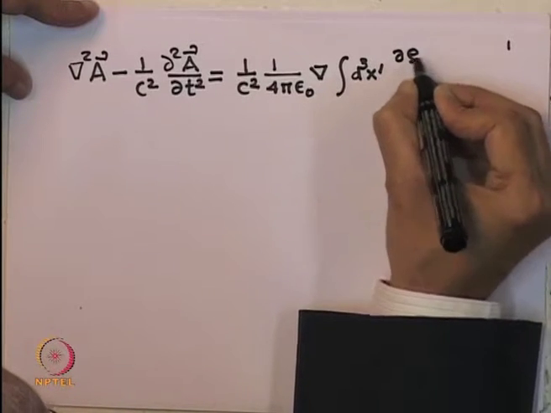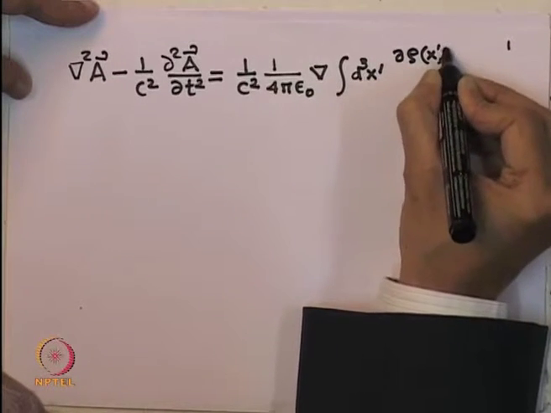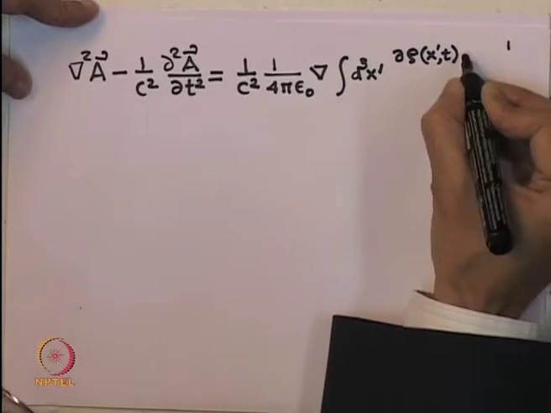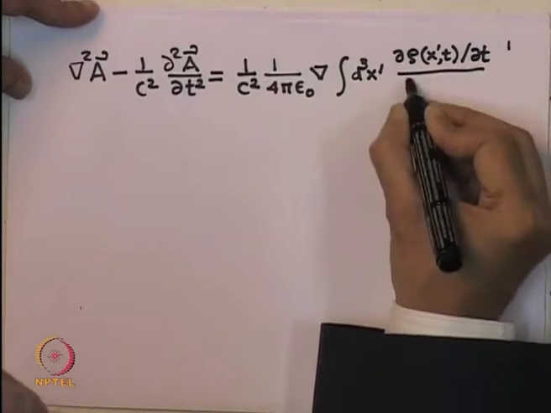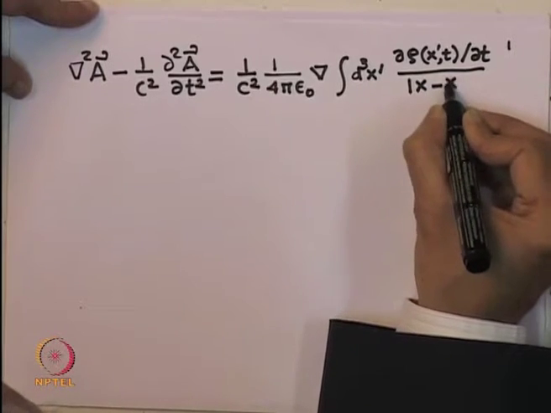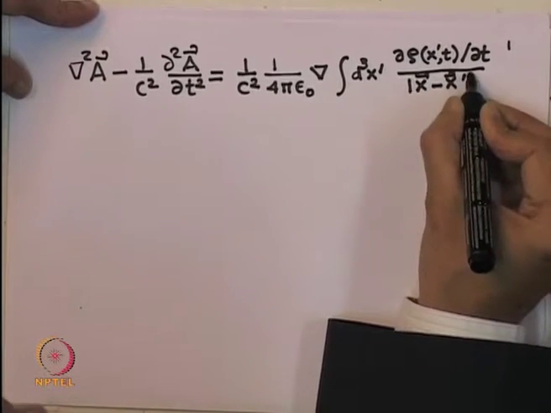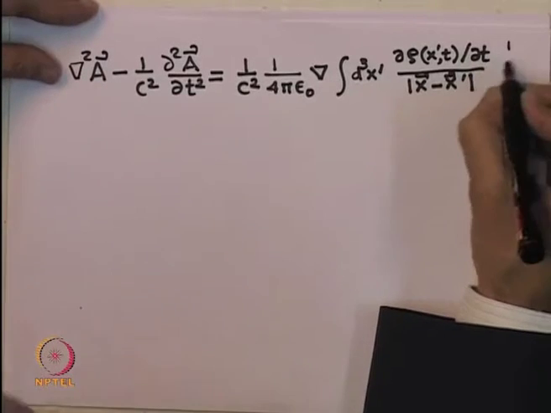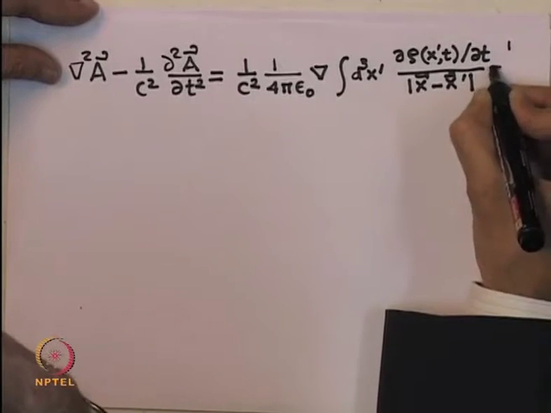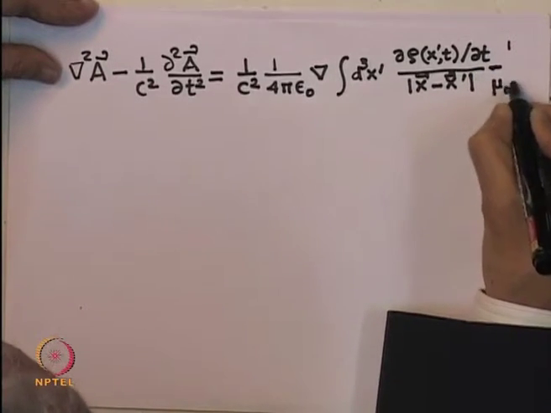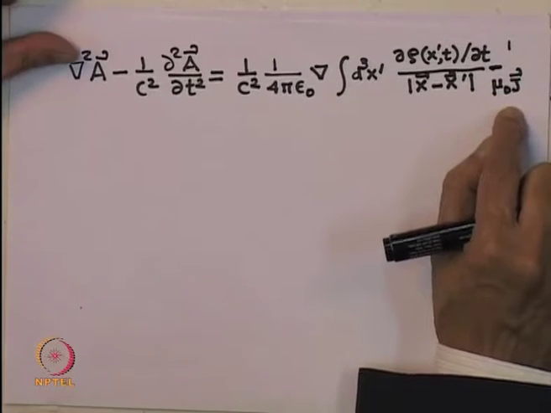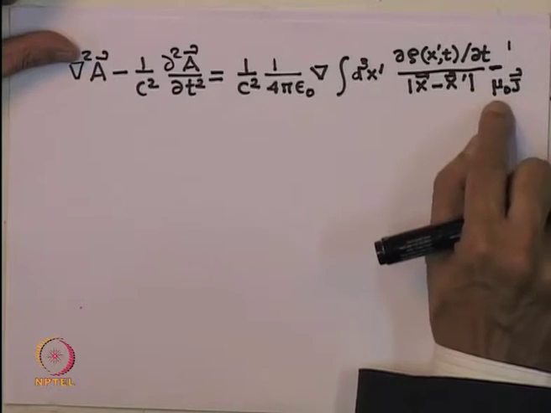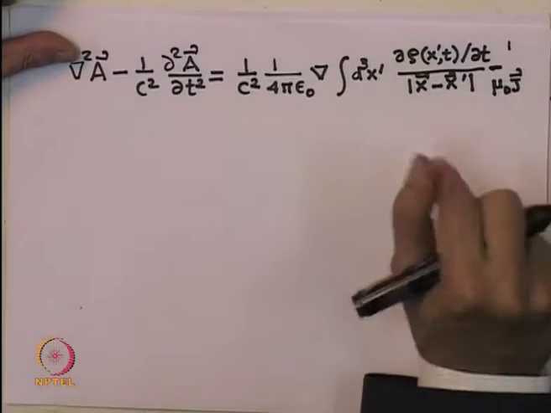So, it is d rho x prime t by dt divided by x minus x prime, and d cube x prime minus mu 0 j of course is there. We are not really going to be doing much about this term till then, because it is anyway an inhomogeneous term which will stay right till the end.